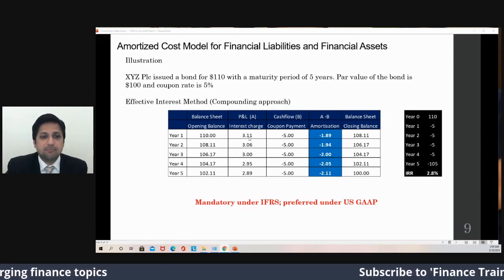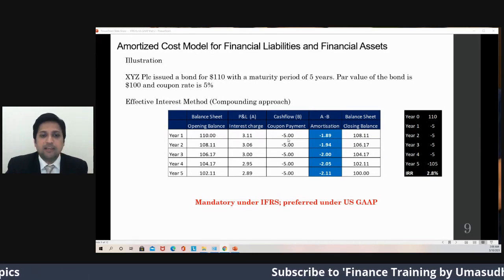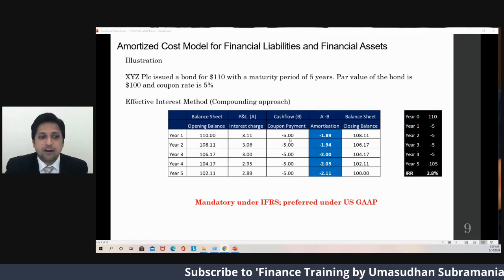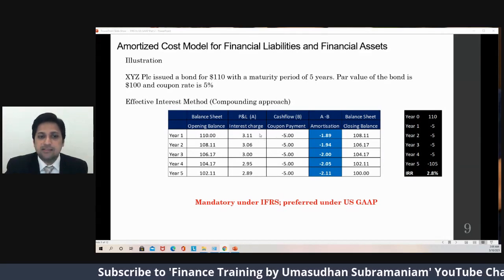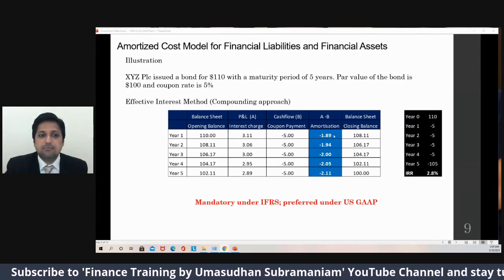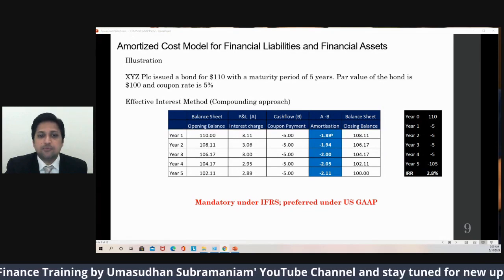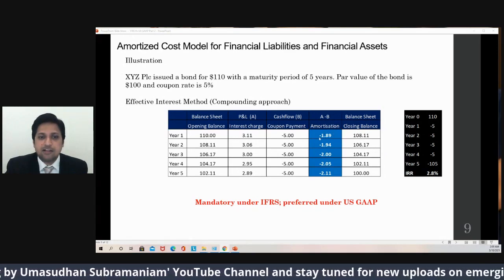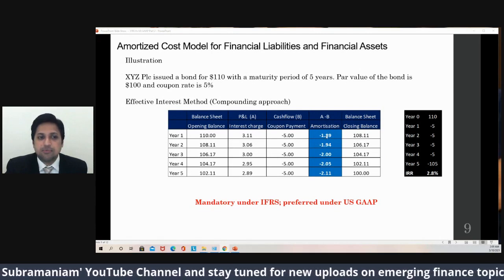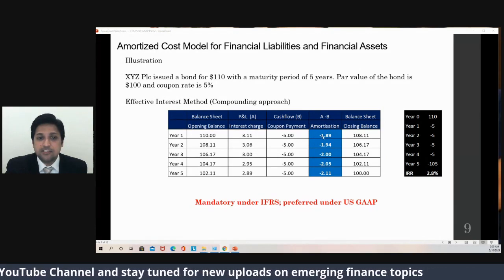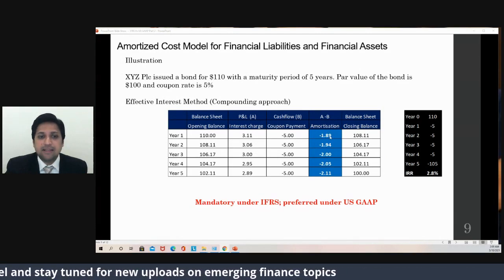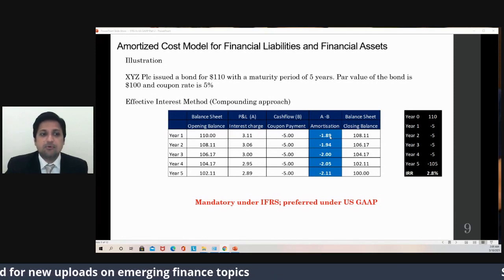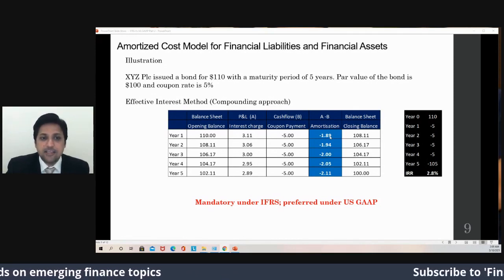That gives you 3.11. You pay a coupon payment of $5 on a net basis. You have an amortization of your premium. So look at this, what's happening. You're amortizing your bond premium, which is going to be 1.89. That's going to be the amortization for the period, for the year 1.